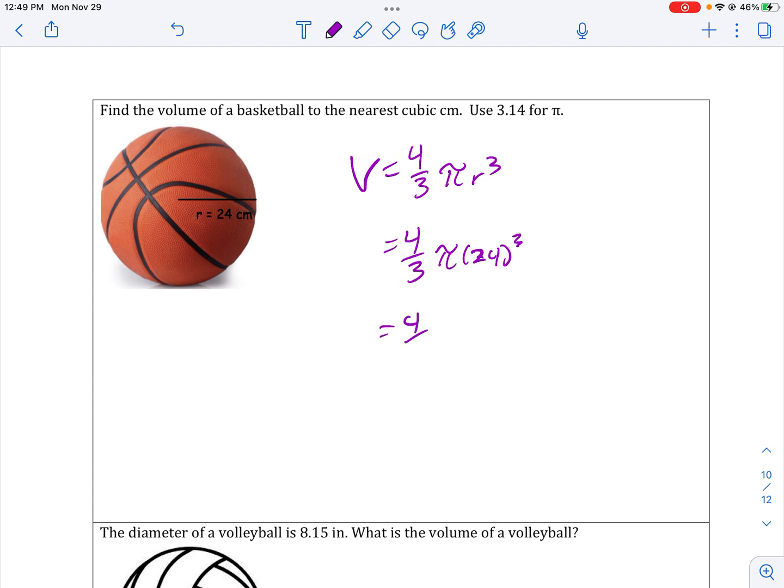So now I'm going to first solve in terms of pi. So 24 to the third power is right there. Now, when I multiply that number by 4/3, I get 18,432 times pi. Here's where I substitute 3.14 in for pi.